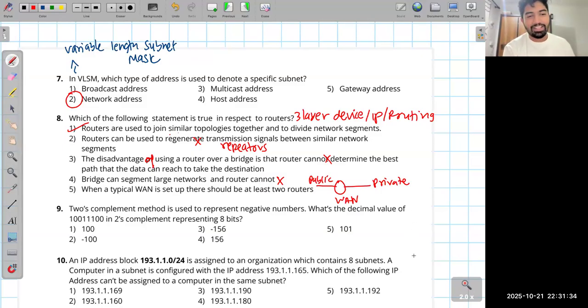Okay. The 2's complement method is used to represent negative numbers. What is the decimal value of 100111100? If it's a 2's complement number, there is a shortcut. 1, 2, 4, 8, 16, 32, 64, 128. Make sure you put minus 128. So minus 128 plus 28 is minus 100.